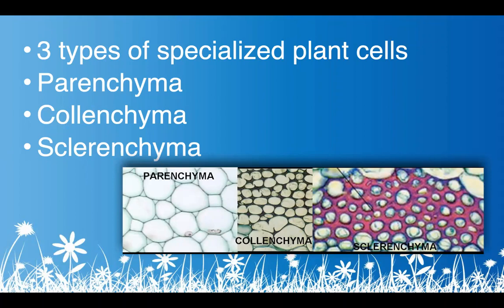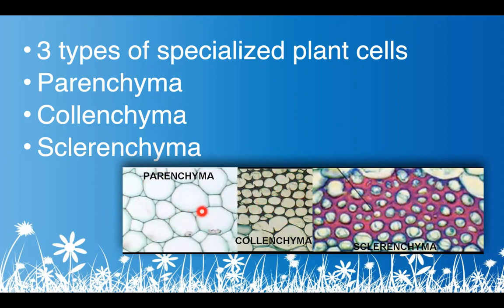That is Parenchyma, which is here, Collenchyma, which is here, and in the middle, Sclerenchyma. So what I want to draw your attention to first is looking at the different structure of these three types of cells. Now the cell wall in this picture of Parenchyma is dyed with a black stain, and in this one it's pink.